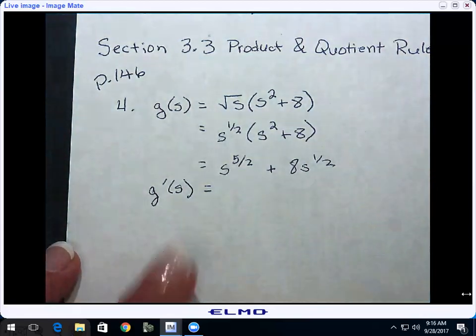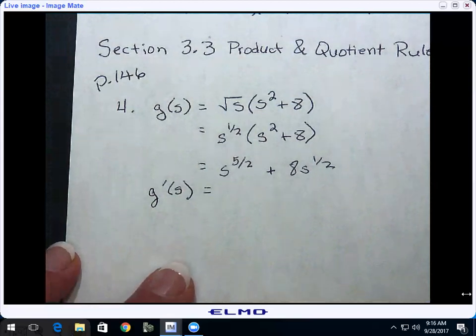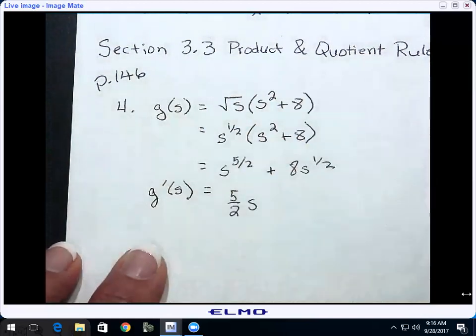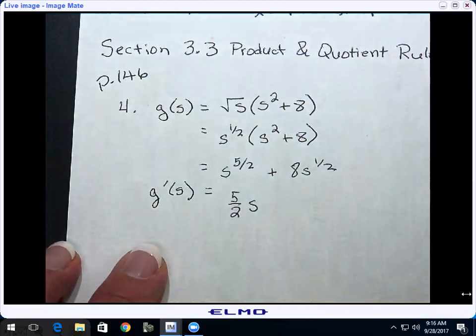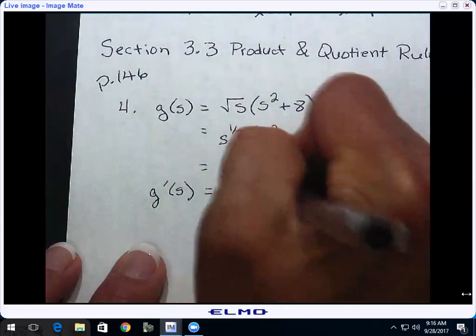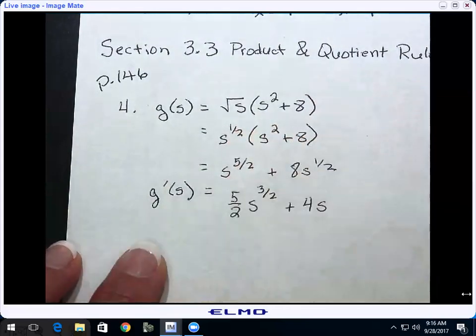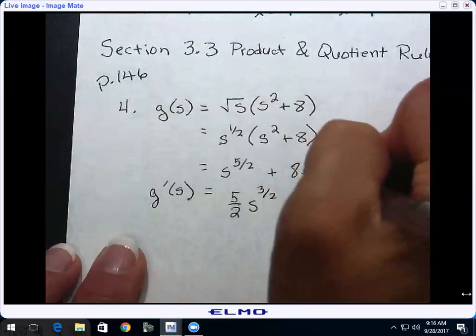The derivative of s to the 5/2 plus 8s to the 1/2 would be what? You're going to get good at 5/2 minus 1 in your head. 5/2 minus 2/2 is 3/2 plus 4s to the negative 1/2.